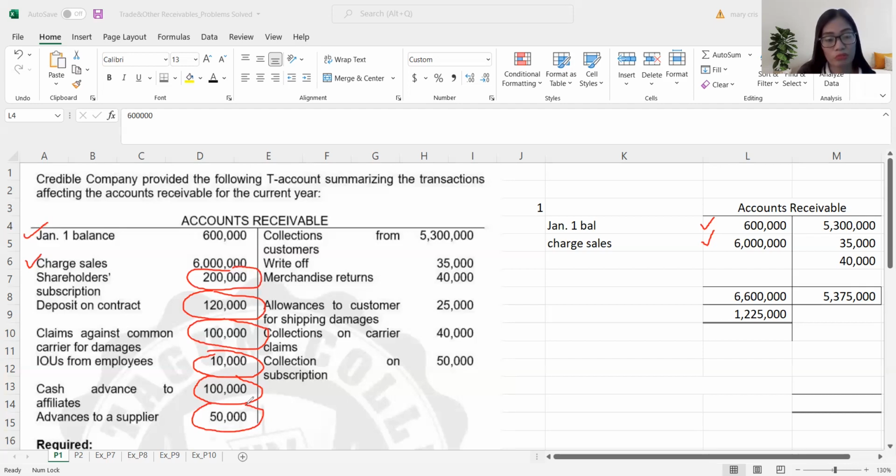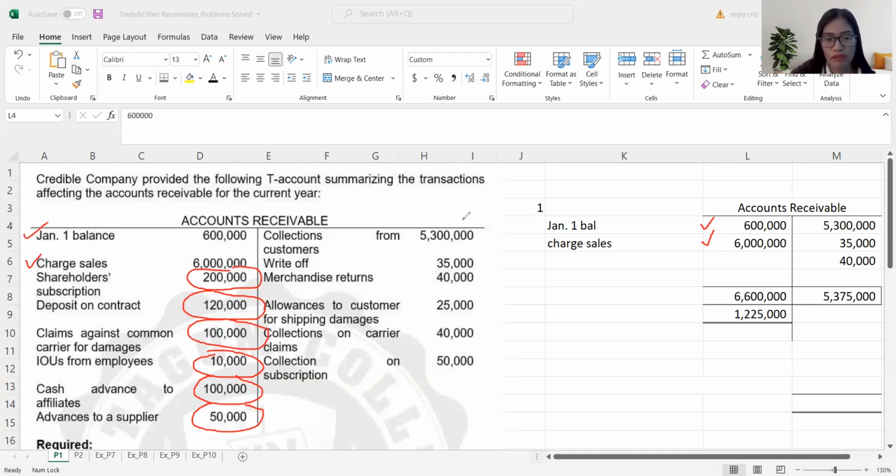Although this one is a current asset, it should have been recorded in a separate account title. Most probably the appropriate account title would be advances to suppliers, and that account can be used to record these advances to suppliers.